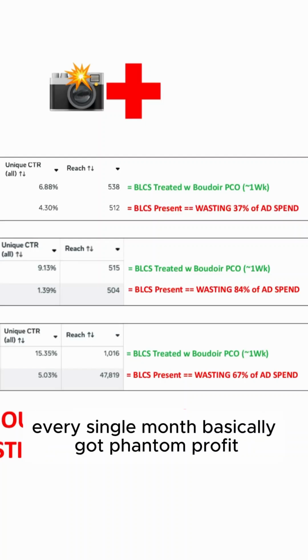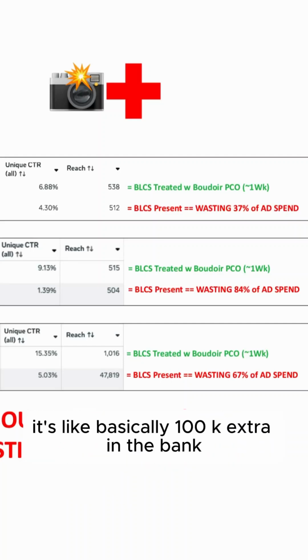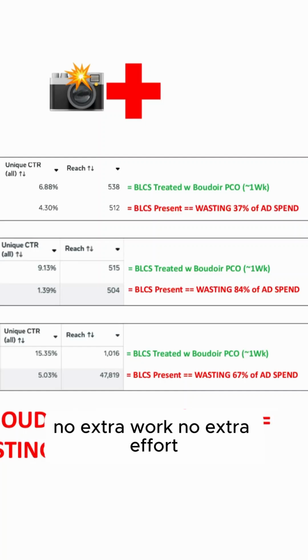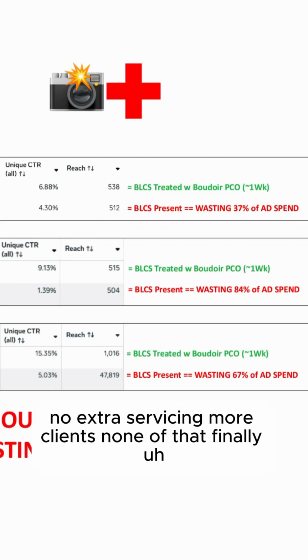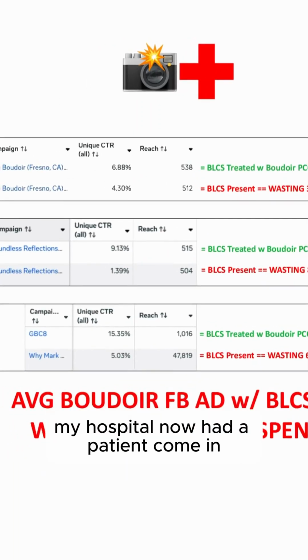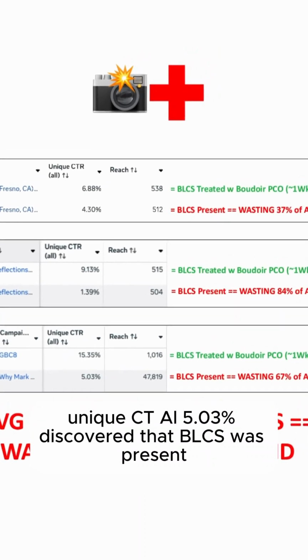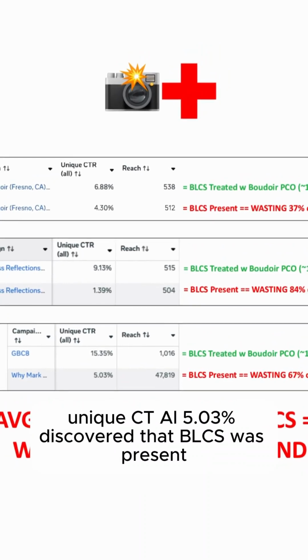Basically a phantom profit, Boudoir Pico profit, whatever. And at the end of 12 months, it's basically 100K extra in the bank. No extra work, no extra effort, no extra servicing, more clients, none of that. Finally, my hospital now had a patient come in, unique CTR all 5.03%, discovered that BLCS was present.